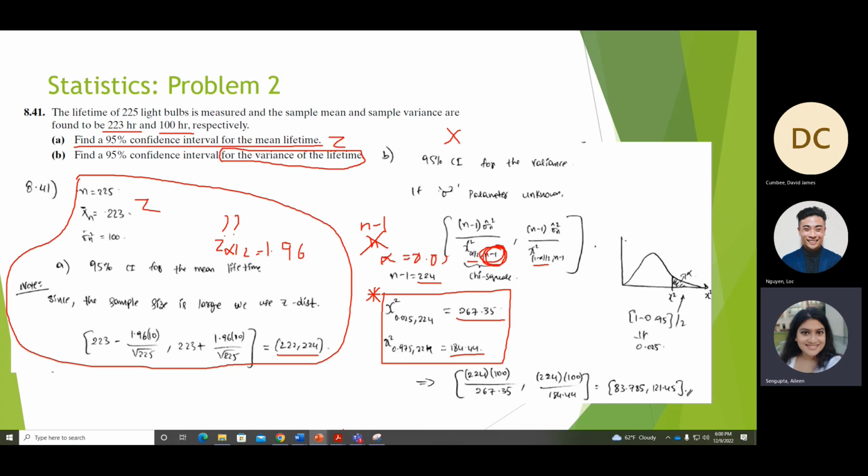Again, if you don't understand that, go back to problem 1 that we have solved out here, and you will find why it is 0.025. So we have 0.025 and n as given as 224, right? So then you look up your table.